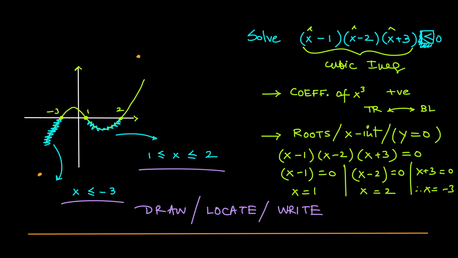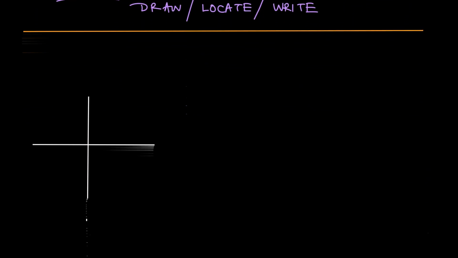Let's look at another example in which the focus is again on solving a cubic inequality. This time we have an equation y equals (x minus 2)(x squared plus x plus 1). This is the cubic equation.